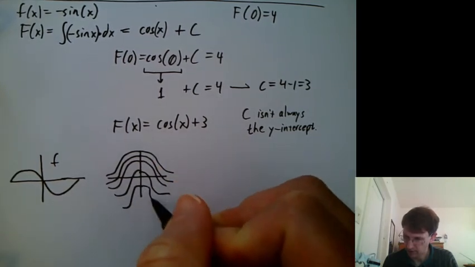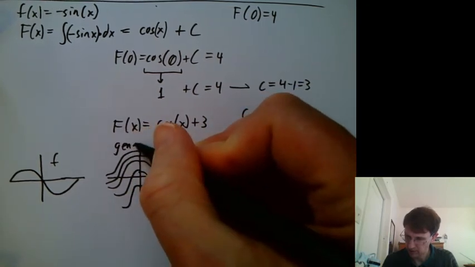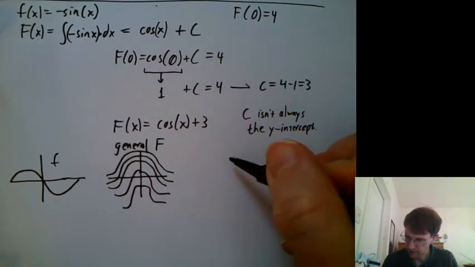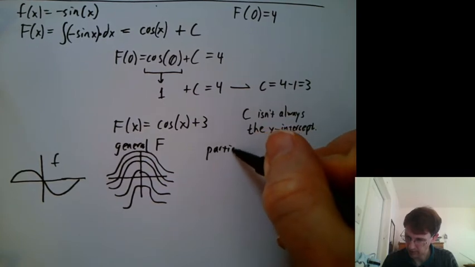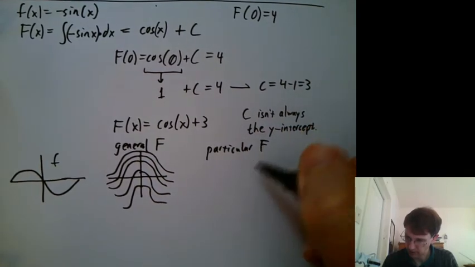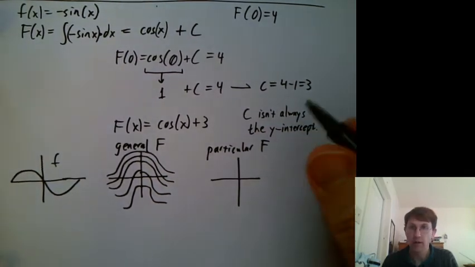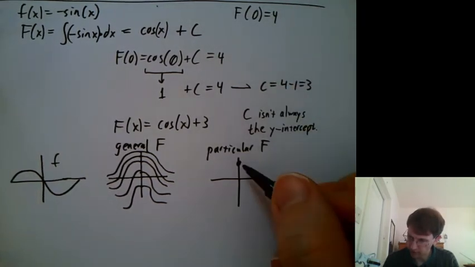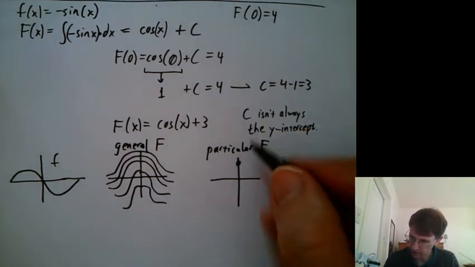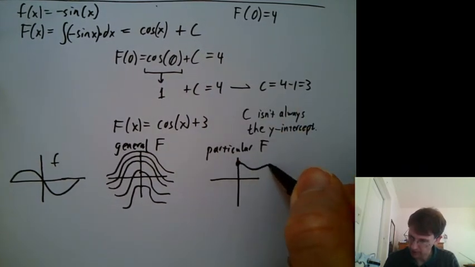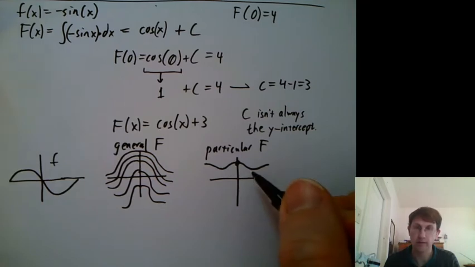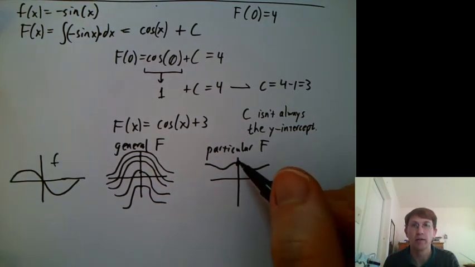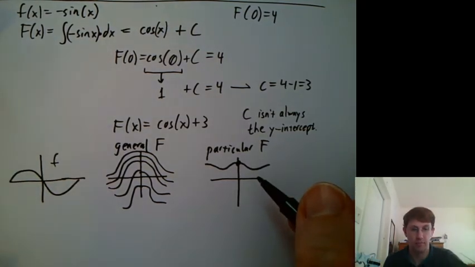So this is our general big F, and then our particular big F is the one of those curves that goes through 4. So it was cosine plus 3, which means it's not to the same scale here, but it's one that starts high up above enough that it doesn't even come down and touch 0.